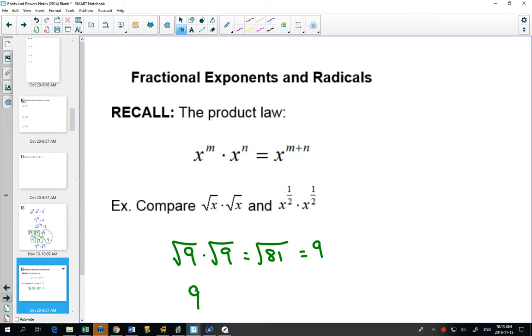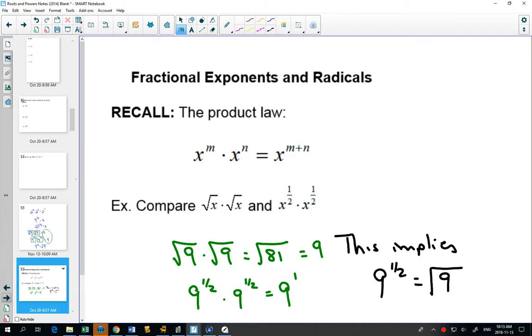And I know from my exponent laws that 9 to the half times 9 to the half should equal 9 to the 1. This tells us, or implies, that 9 to the half is the same as the square root of 9.